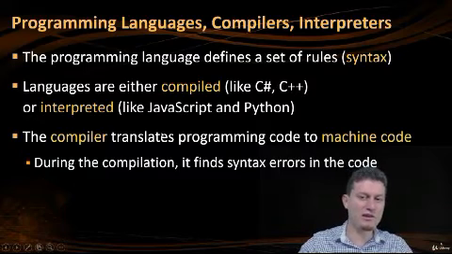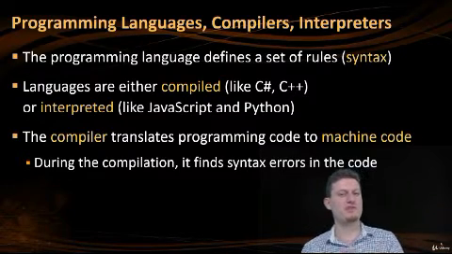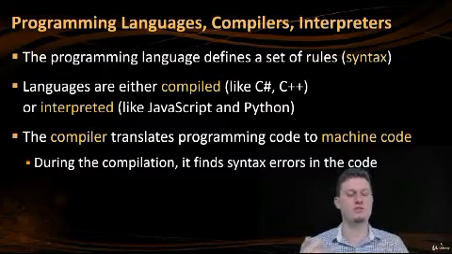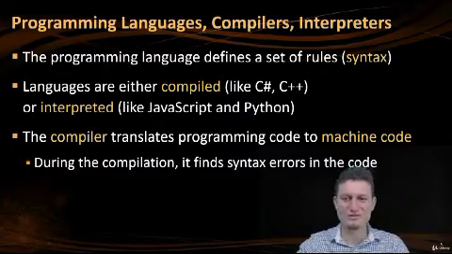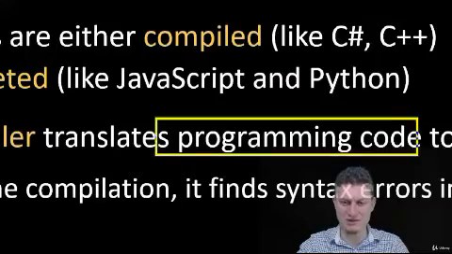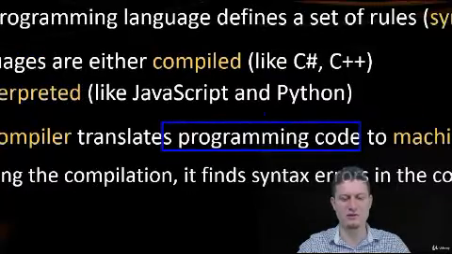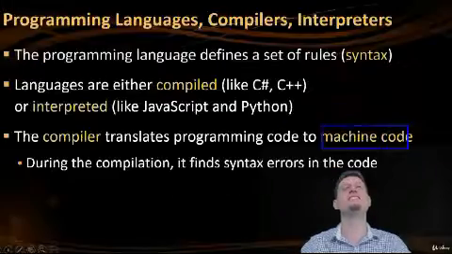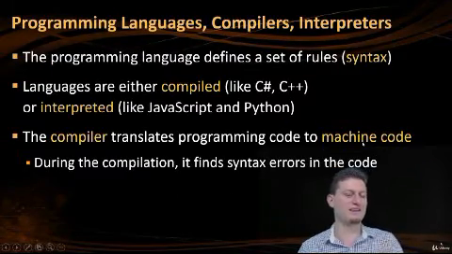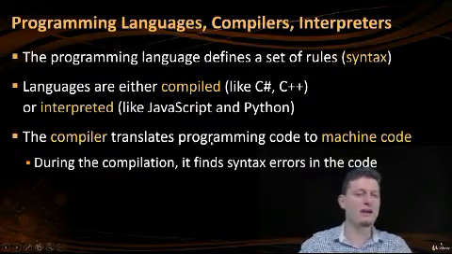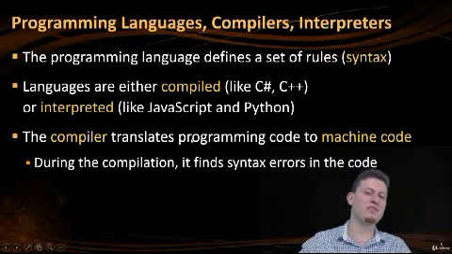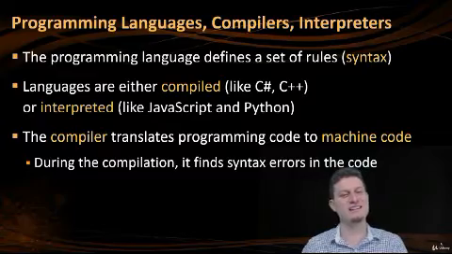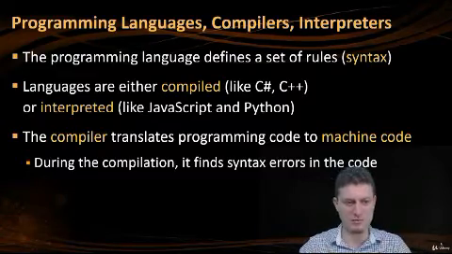The compiler is a computer program which transforms the programming code, the so-called source code, to machine code, which is a code understandable for the computer. During the compilation, the compiler finds the syntax errors in the code, finds the problems, and alerts us if we have problems.